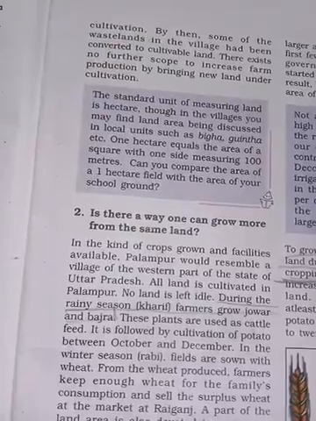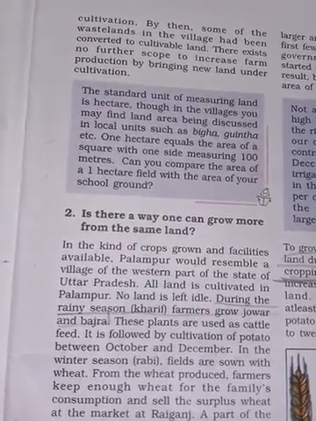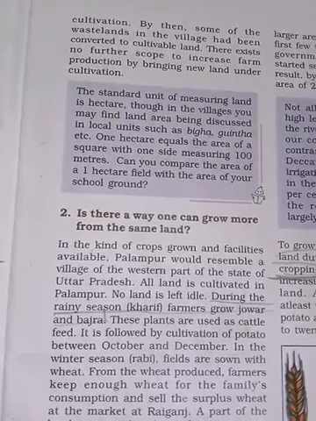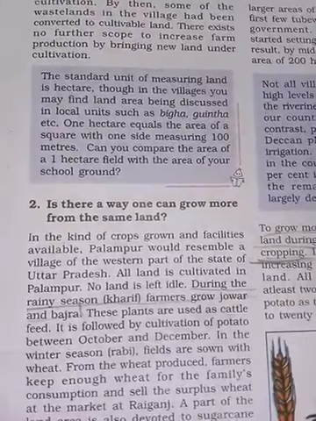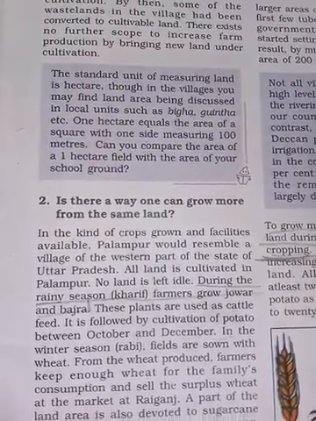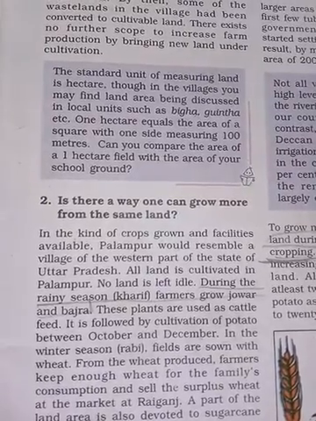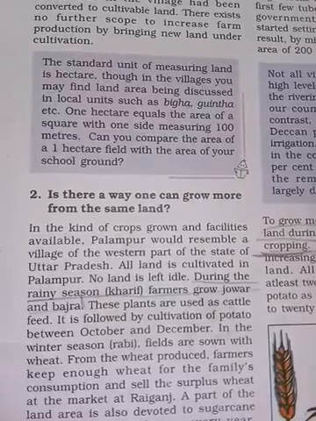Suppose in Manipur, we used to grow especially only rice. After that most of the agricultural land is kept wasted. Why? Because after the harvesting of rice, there is no water facility, there are no irrigation facilities.